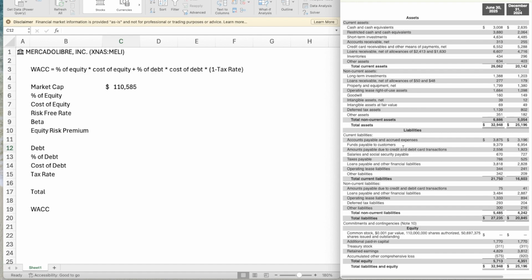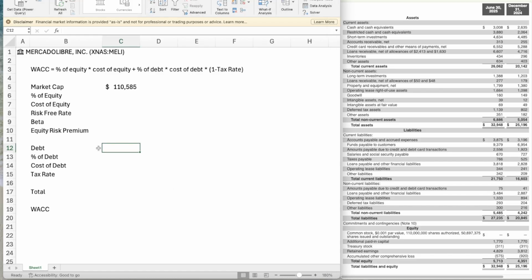So the total debt for MercadoLibre is this 3.8 billion plus 3,484. Yeah, we'll do that.